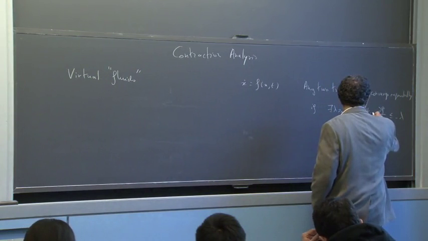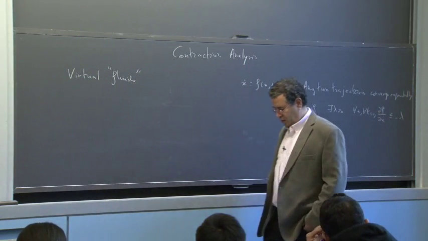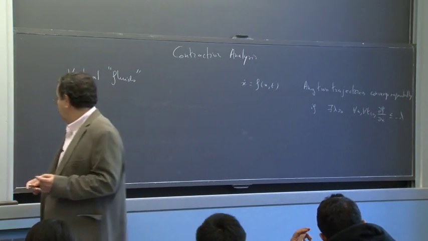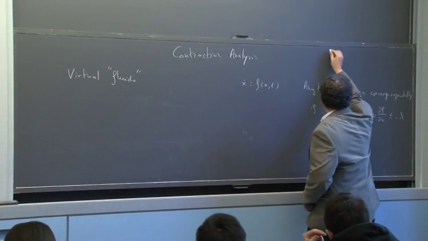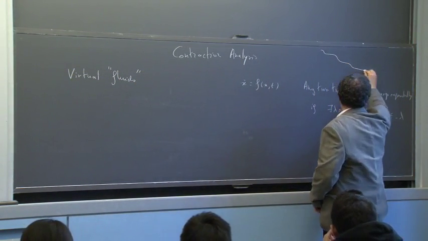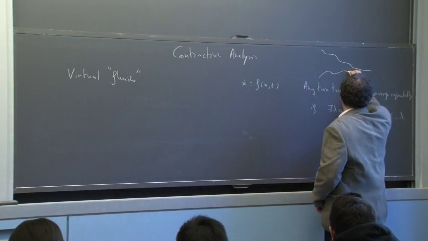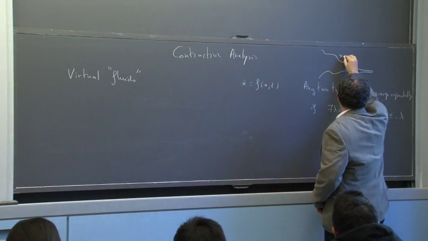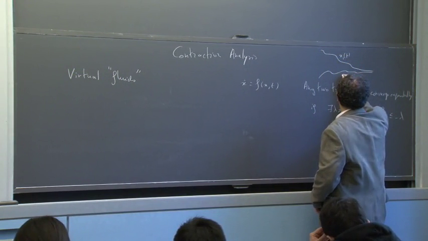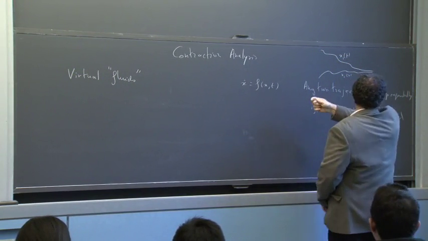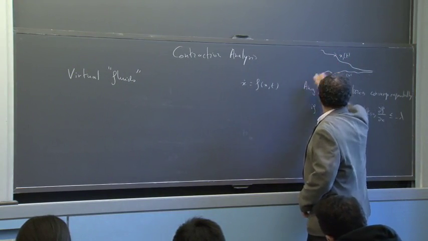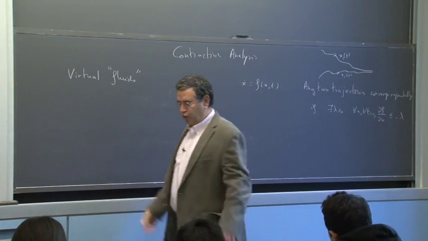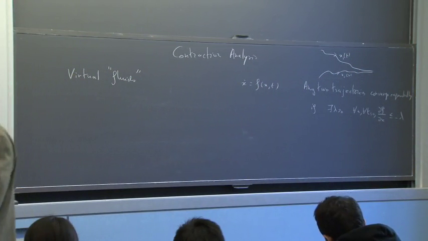So if we take two trajectories, one starting with an initial condition here and one starting with an initial condition there, x1 of t, x2 of t, this is the time axis, then they would tend to each other bounded by some kind of decreasing exponential.